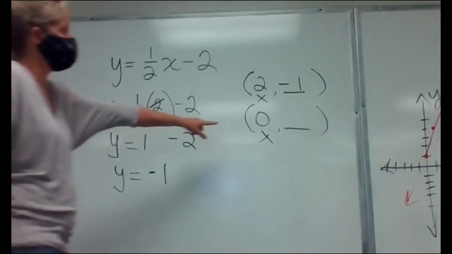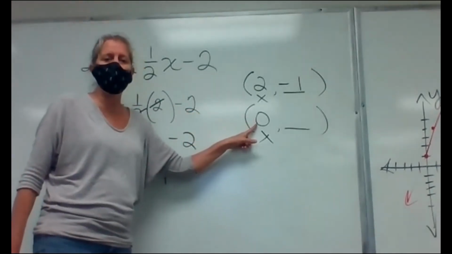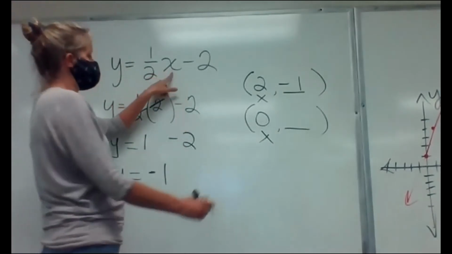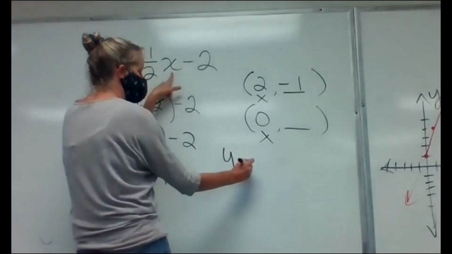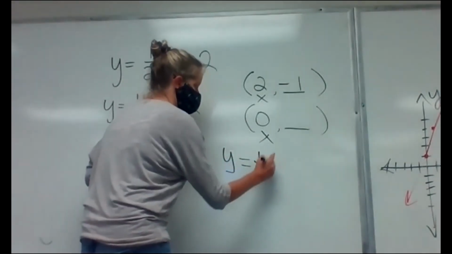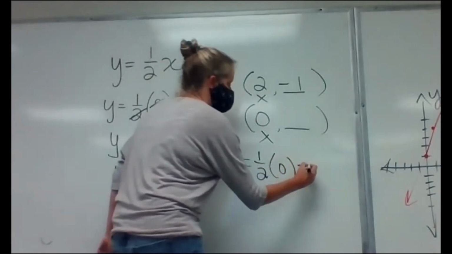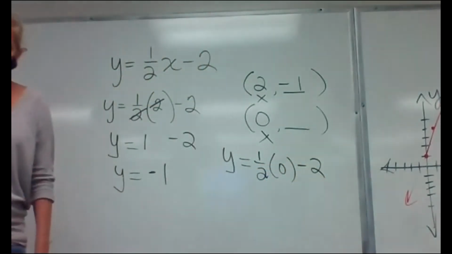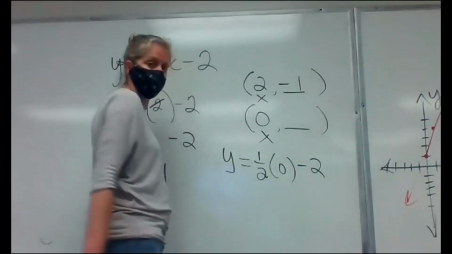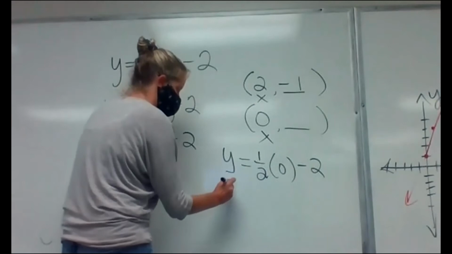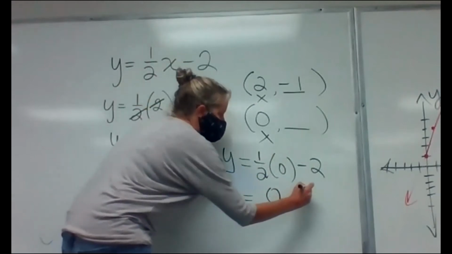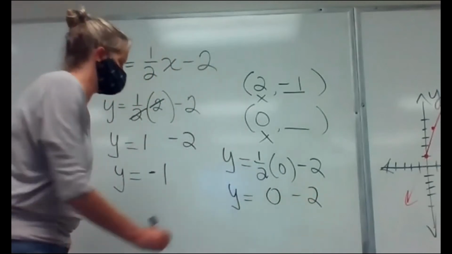Now, the second point, I'm going to start all over. This time I'm going to put a 0 in for the x to see what it gives me. So if I put a 0 in for x, I have y equals 1/2 times 0 minus 2. Here's why I like zeros. What's 1/2 times 0? Anything times 0 is 0. So this really just says, 1/2 times 0 is 0, minus 2.